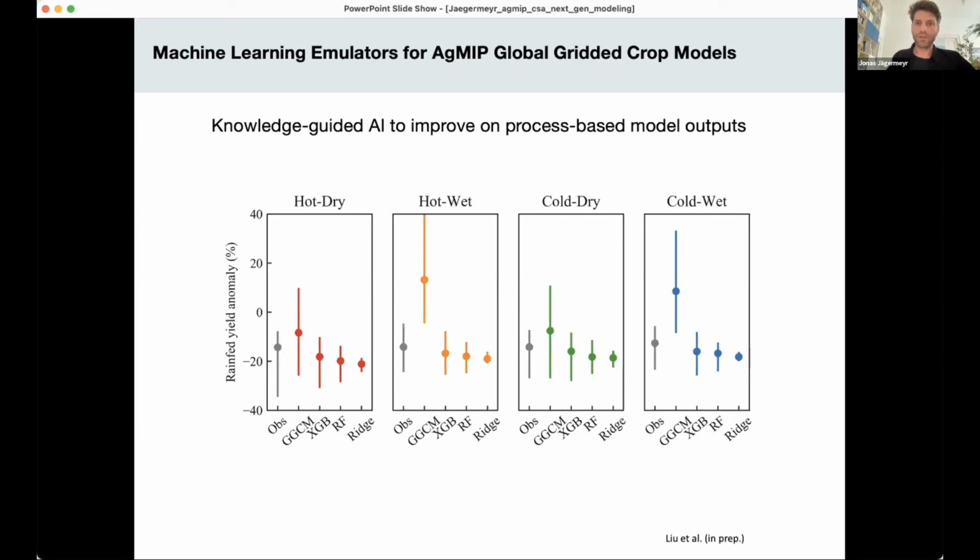In that case, we're training a machine learning algorithm, or several in this case, on process-based model outputs, trying to improve the yield estimates against observations. And here in the case of compound events, where it's called GGCMI, the process-based models show large biases, while the machine learning trained algorithm can create a much better fit to observations.